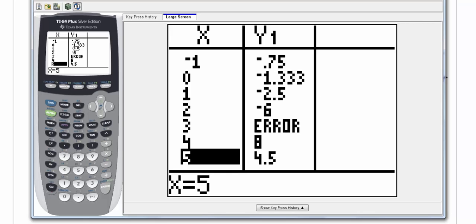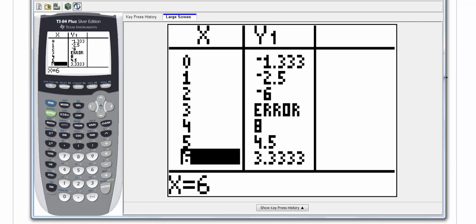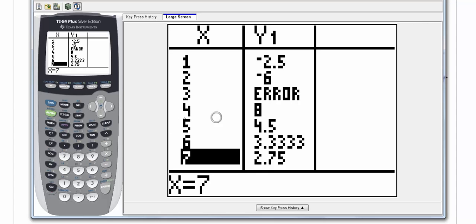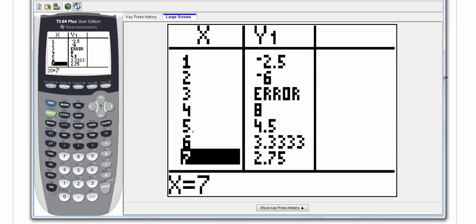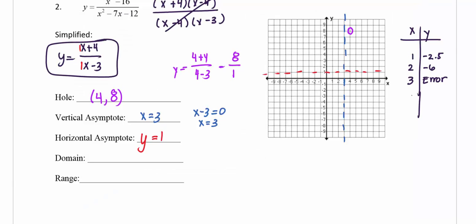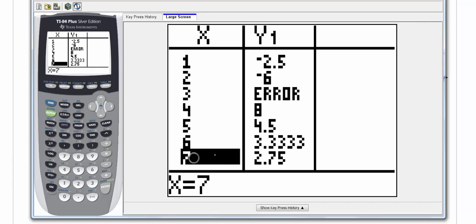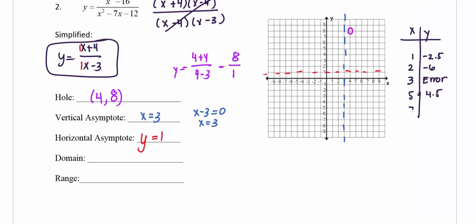And then on the other side, we do have to be careful here because you'll notice that it gives me 4, 8. But I already have that as my hole, so I'm not going to use that same point. So I'm going to use 5, 4.5, and maybe one more at 7 and 2.75. So here's enough points that we're going to make a really good graph. So 1, negative 2.5, and 2, negative 6.